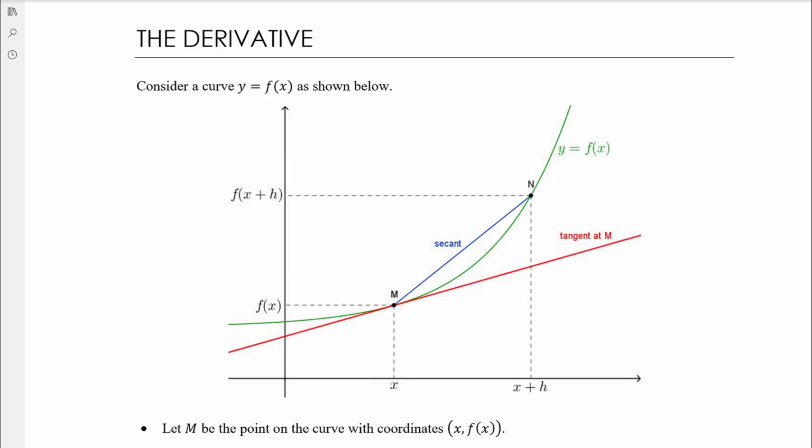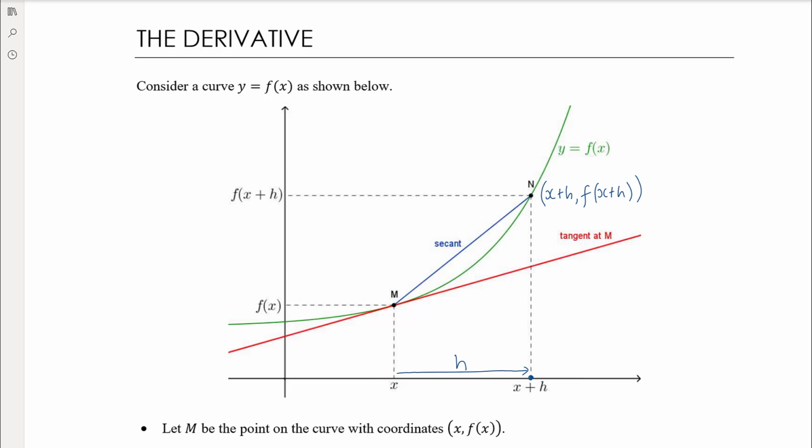Okay, so M has coordinates (x, f(x)), and then we're going to have another point which is just going to be h units horizontally away from M. If this is h here, that makes this x-coordinate x plus h, and therefore the coordinates of the point N become (x plus h, f(x plus h)), substituting the x value into the function.